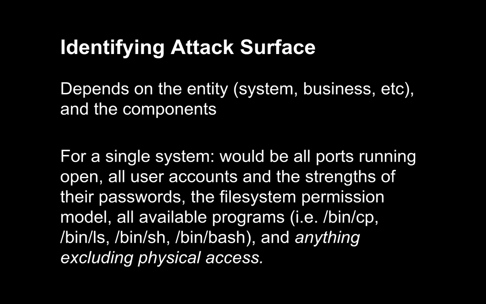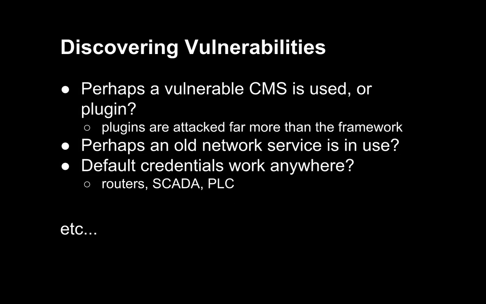So for a single system, if it's connected to the internet, it might be all the ports that are open, all the user accounts and the strengths of the passwords, the file system permission model, the available programs that are running, and anything else you might think of that excludes physical access. And so we'll go into this more in later lectures.